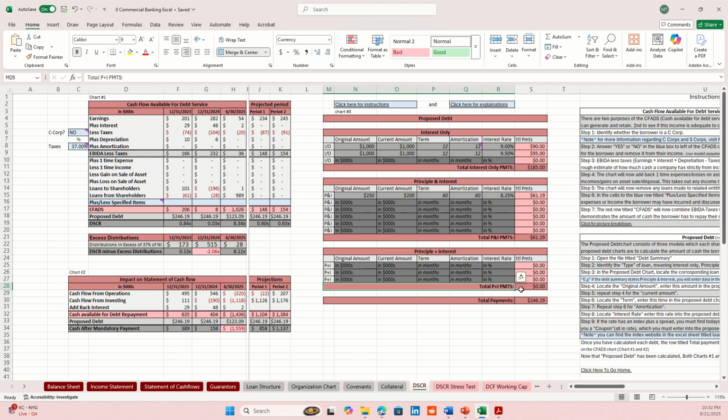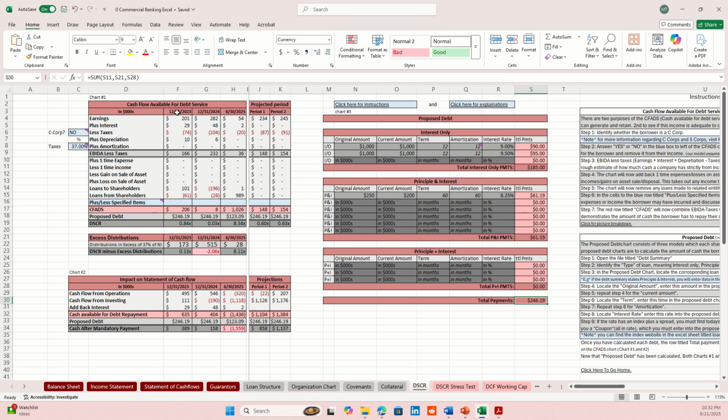And then we combine all three right here, and the total payments. Now what this chart does is it takes that total payment and puts it in the proposed debt section. So our proposed debt consists of our total payments in a year.